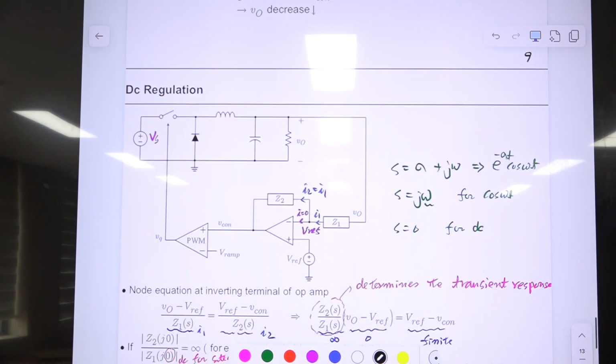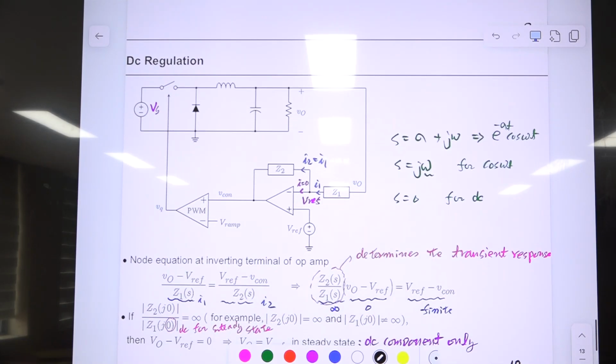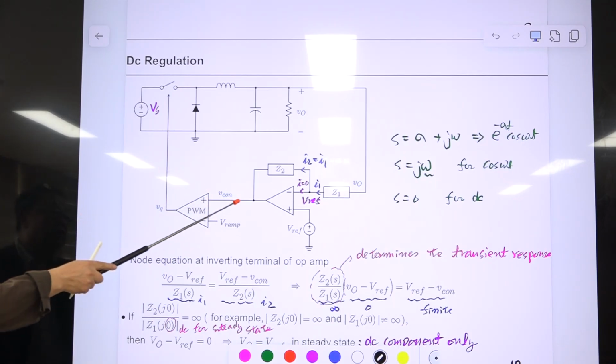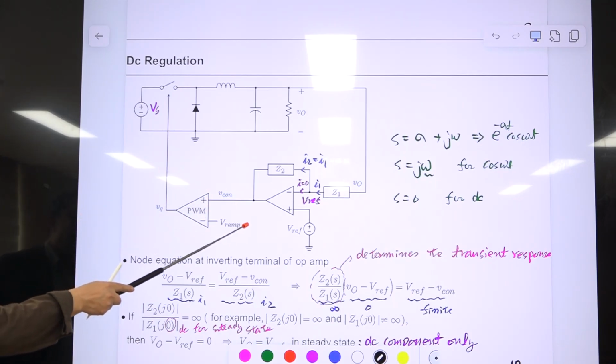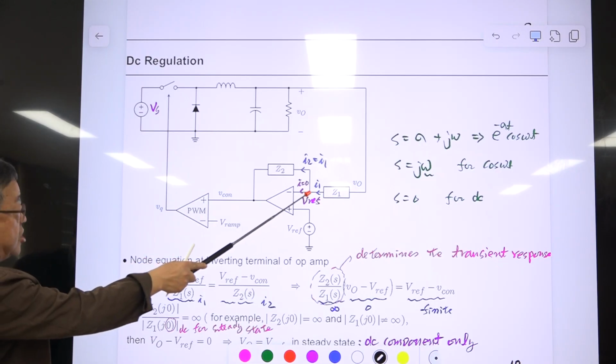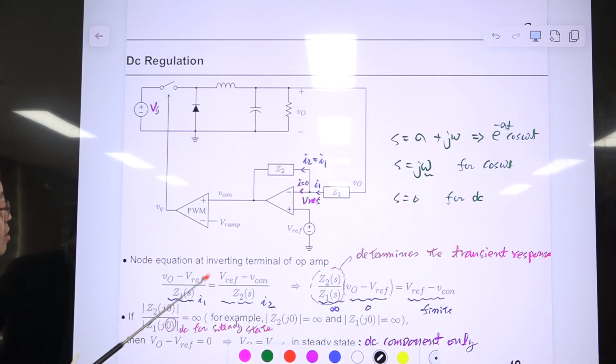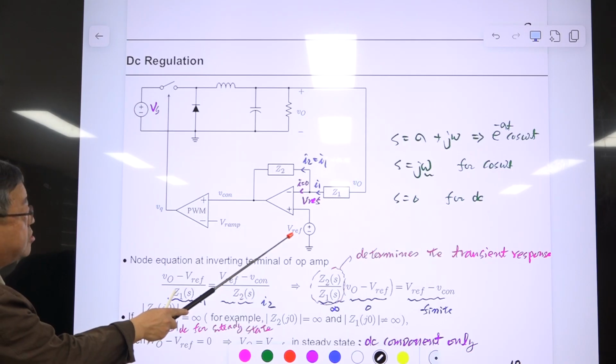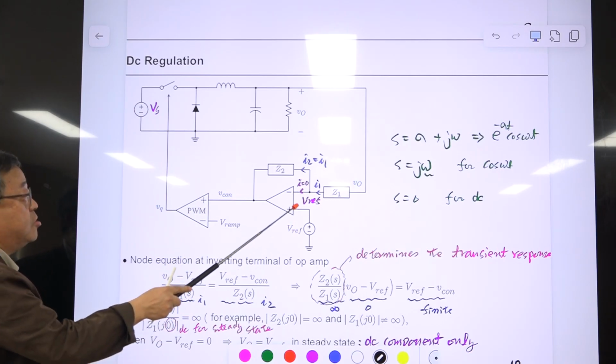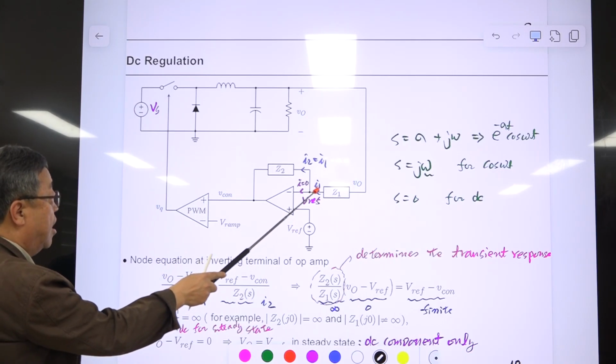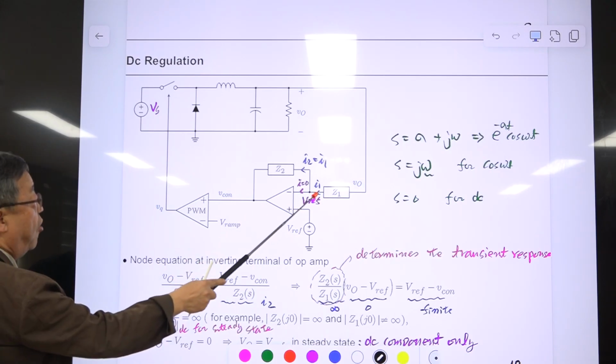To analyze that, assume this. KCL at here is this one. This is V reference because of this virtual short. This is V reference, and this is the incoming current I1.